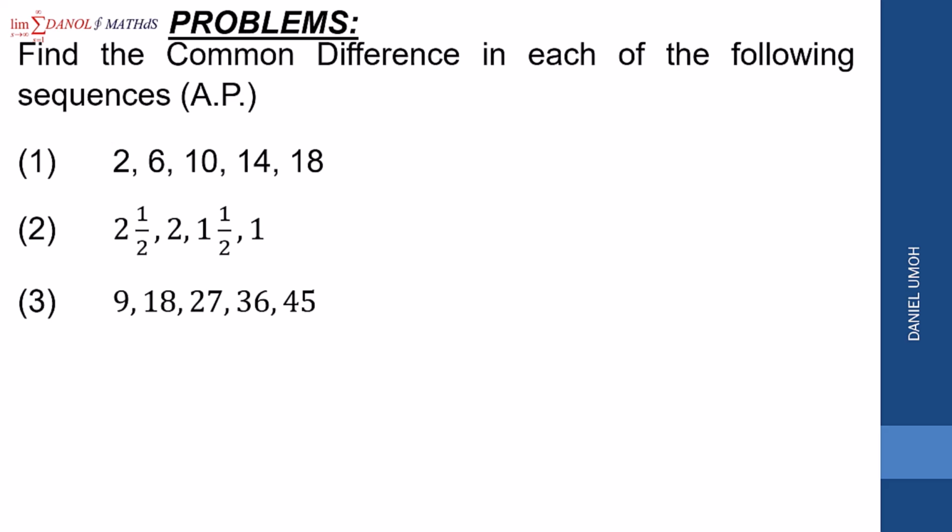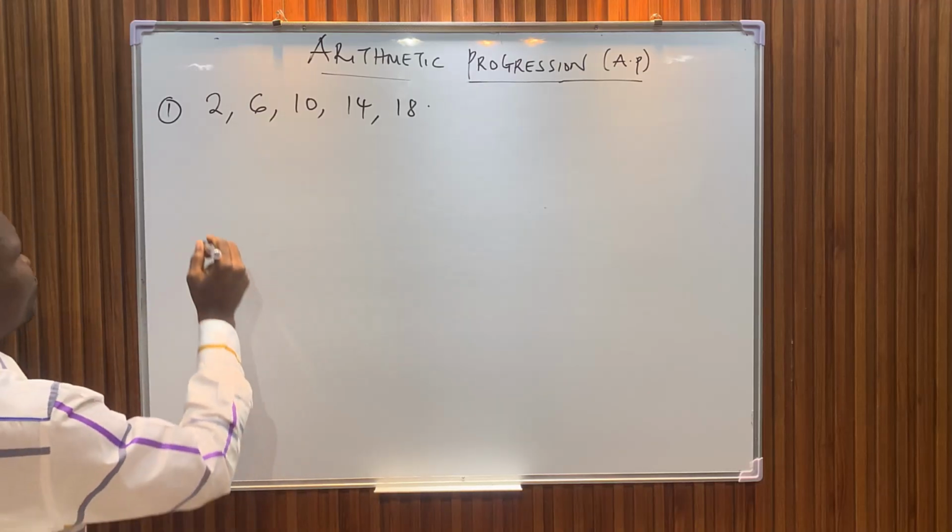Number 1, the sequence here is 2, 6, 10, 14, and 18. So we have to find the common difference. So what's the common difference?